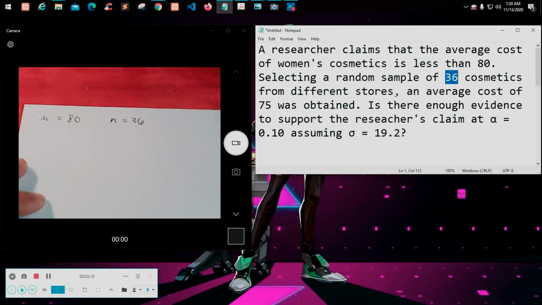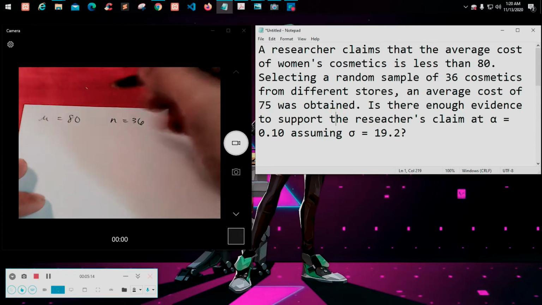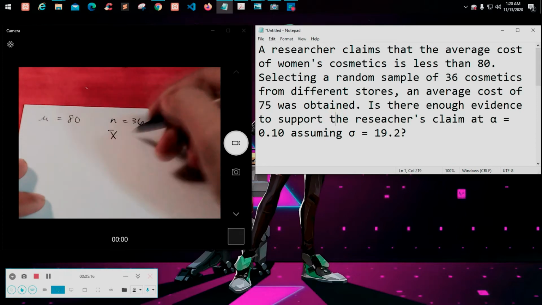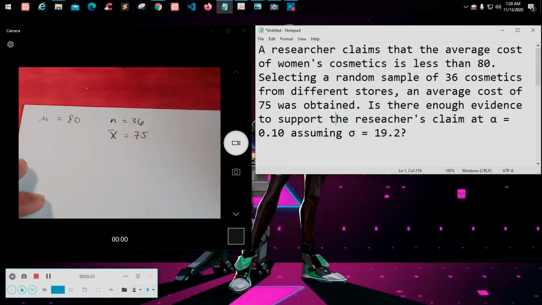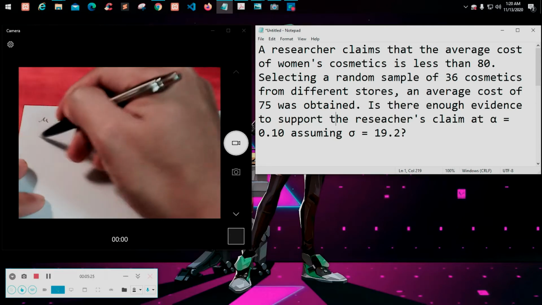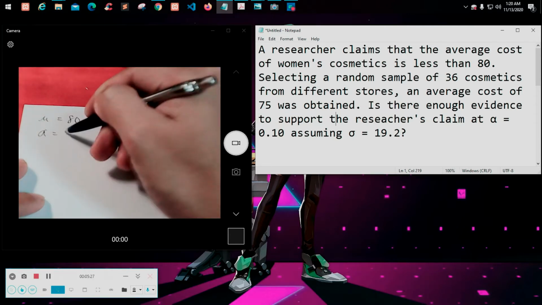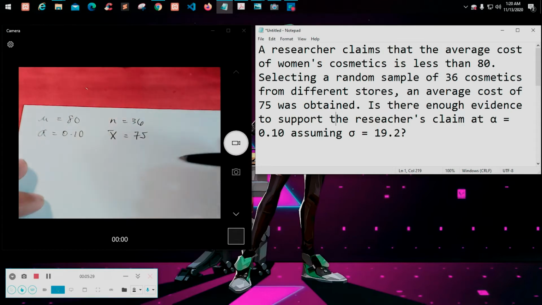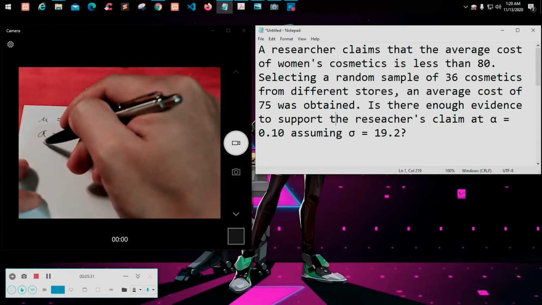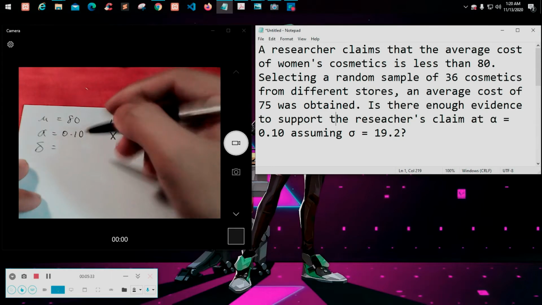So from the 36 you obtain a 75 mean. So this is the sample mean, is equals to 75. Ayan. And then given the alpha, so yung alpha natin is 0.10 and the population standard deviation is equal to 19.2.